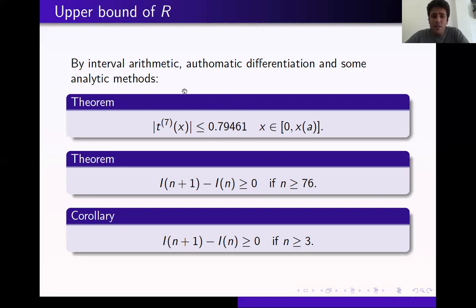And finally, let me mention how to compute the R. It's very lengthy, but it was basically using ideas from interval arithmetic, automatic differentiation, and some particular ideas of analytical methods. The idea was basically you want to upper bound some derivative of a function, and then what you do is step by step.